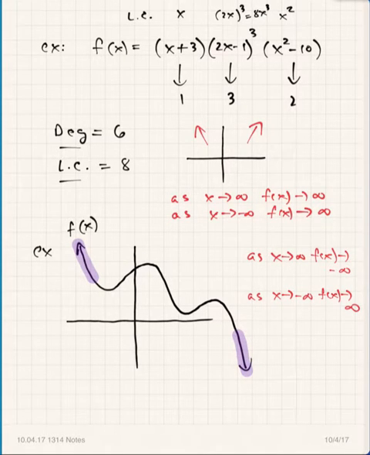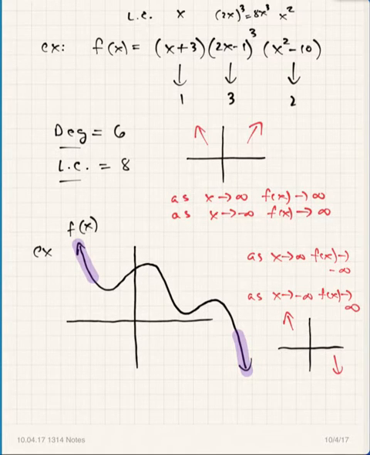Or you could certainly have just abbreviated the end behavior like this with our little coordinate system and told me that the end behavior is rising as you go to the left and falling as you go to the right, like that. So what does that tell us about whether the degree of the function is even or odd?